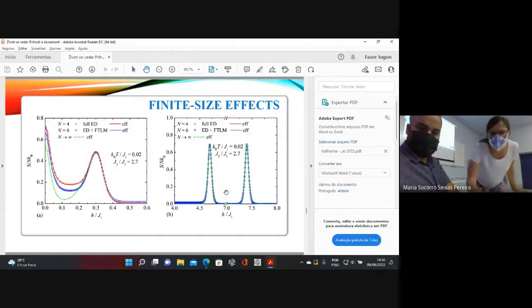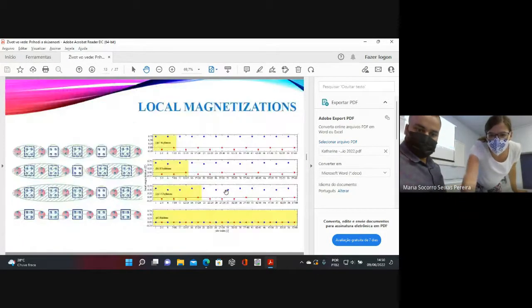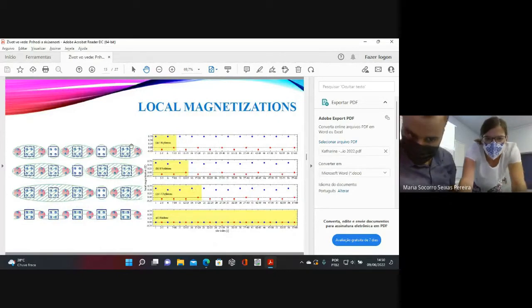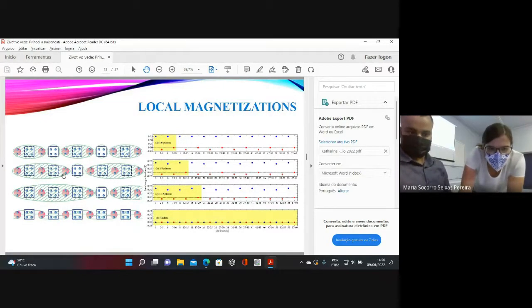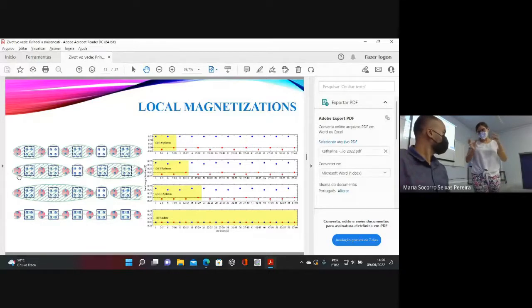In the local magnetization, this yellow figure, you can see that this 1/9 plateau corresponds to this state, and this state is fragmented by a tetramer from the left and from the right. So it means that it will be an open chain, and in the language of mixed spin Heisenberg chains, it will be an open spin 1 chain, but with small system size.